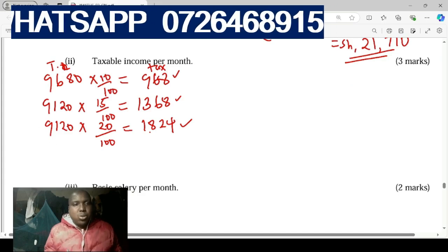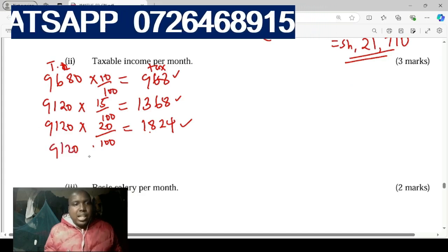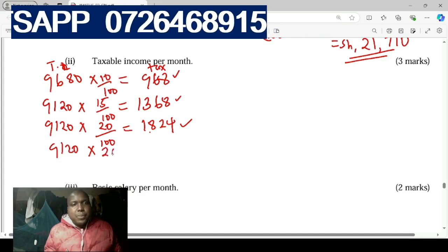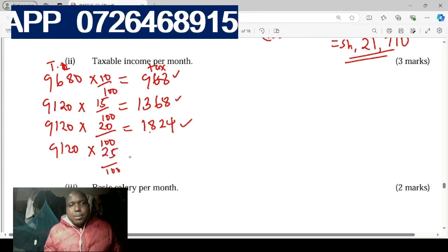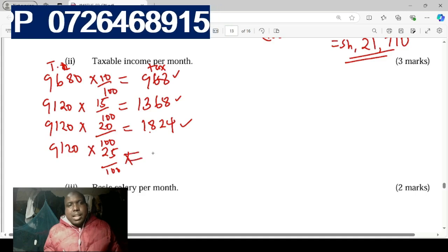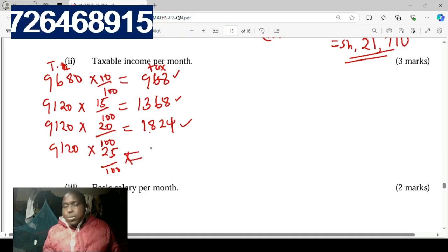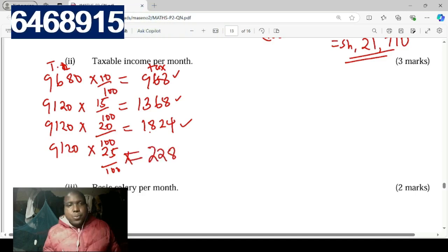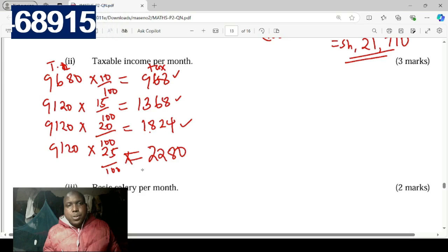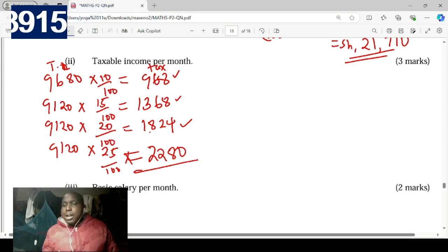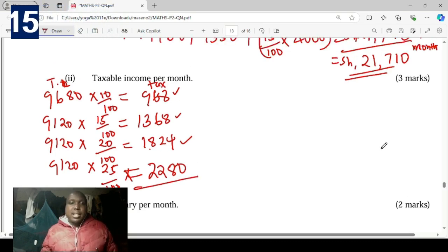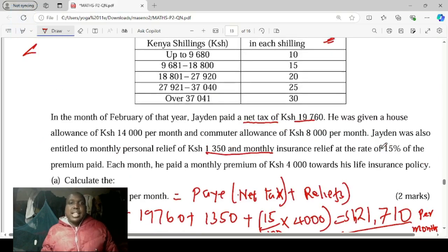Next one, so tunaendelea 9,120 times 25 over 100. The answer is going to be 1,822.8. Sasa tunaongeza hii kwa sababu tumefika mwisho wa tax yetu, tumefika the last.